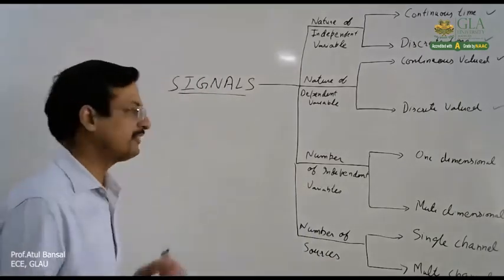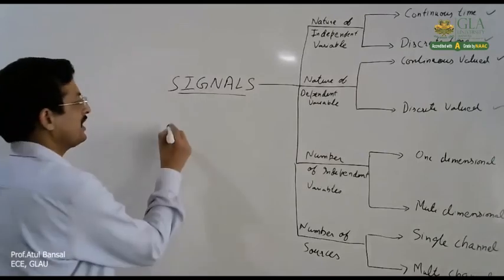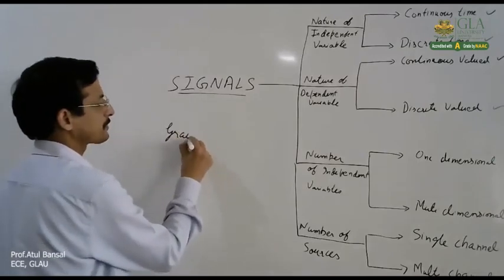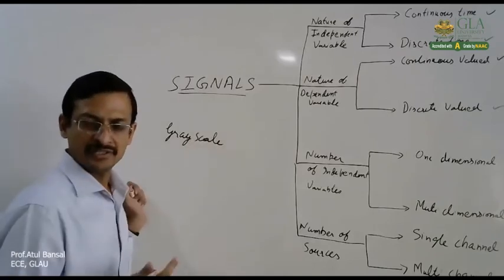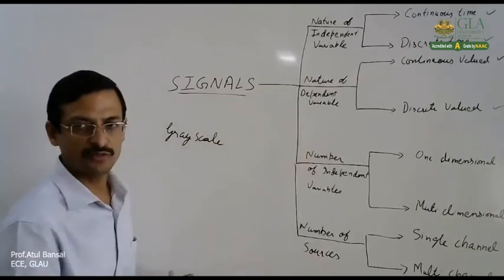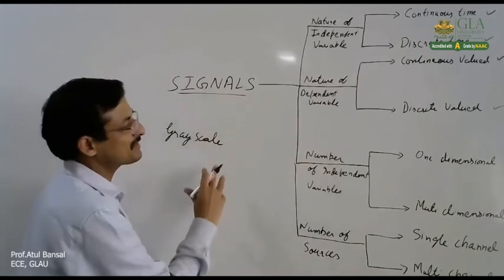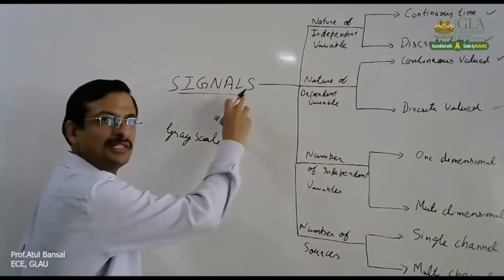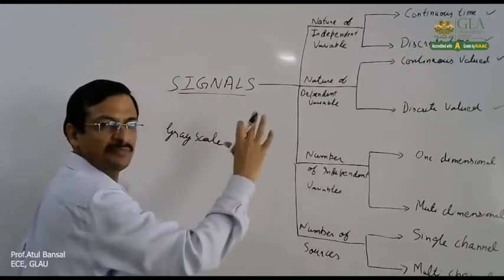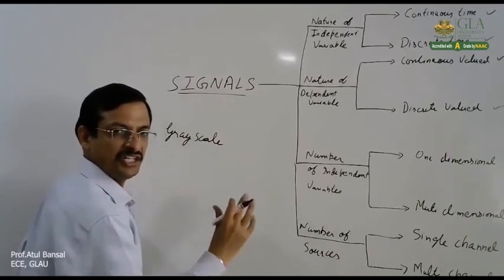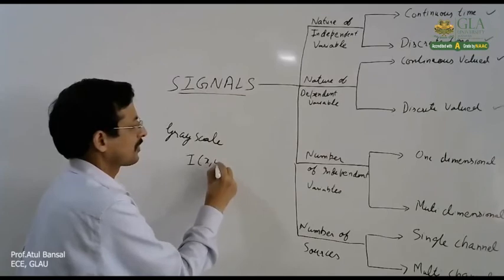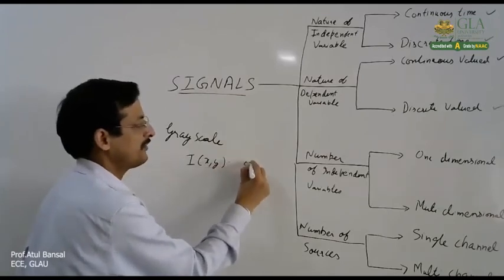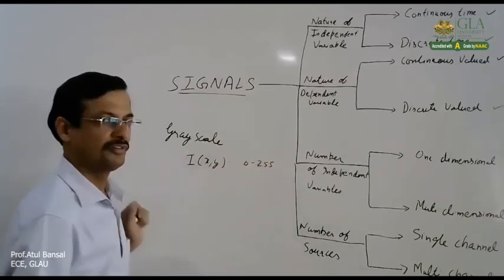Or a simple example: if we look at any grayscale image, that is a black and white image, at certain places it is completely white, at certain places completely black, and at certain places grayish. So it is coming from a single channel, having a range of values between 0 and 255.